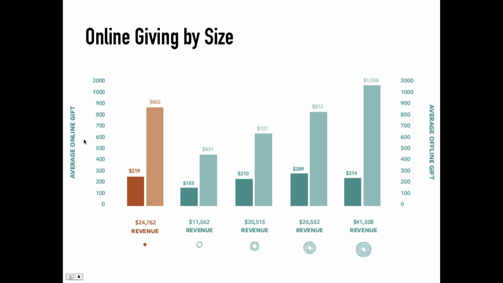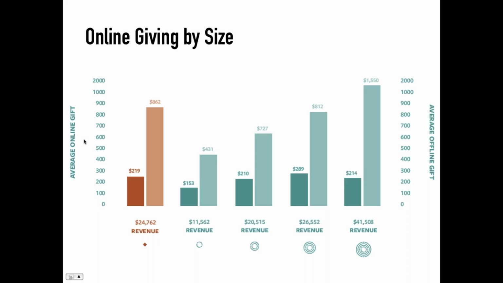So what you can see is in every case, the average online gift is significantly less than the average offline gift. Now, those offline gifts definitely include things like direct mail solicitations. They also include major donor visits and solicitations. So there's a little bit of that in there.